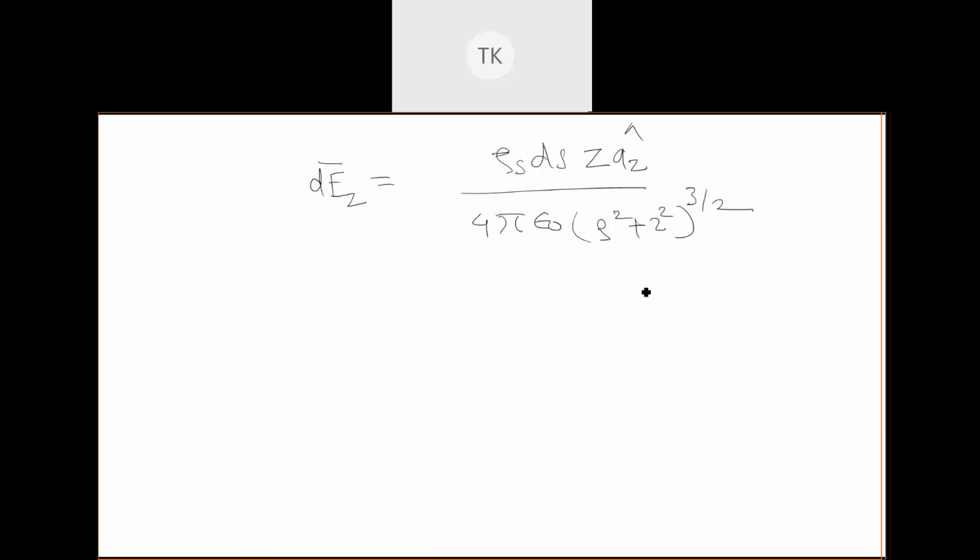So this is nothing but the electric field intensity in the direction of the z axis: rho_s dS z a_z divided by 4 pi epsilon (rho squared plus z squared) raised to 3 by 2. This is the exact amount.